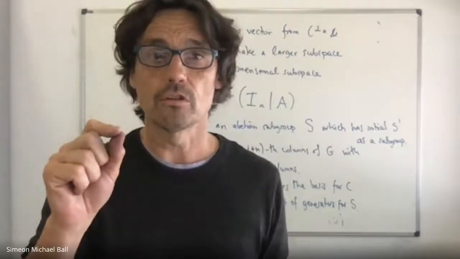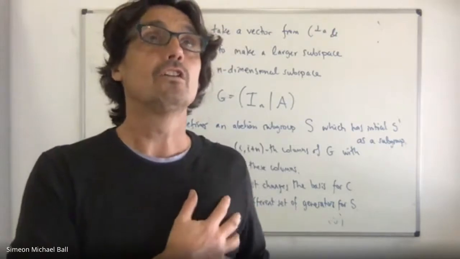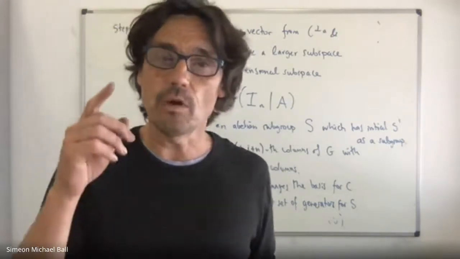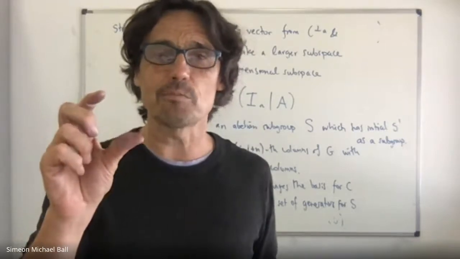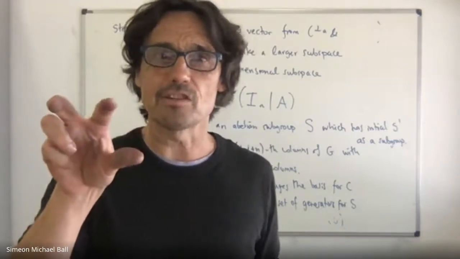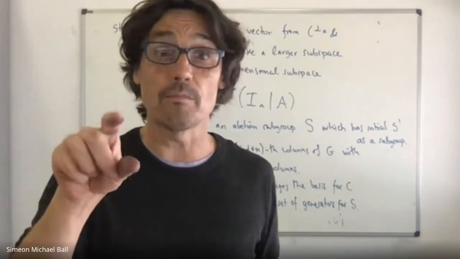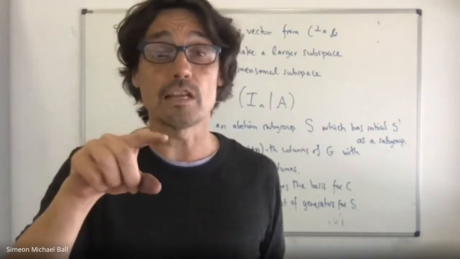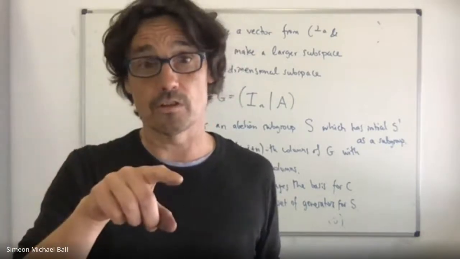Can you? Well, I think so. Well, you can certainly see what the weights of the operators of S are, because the operators of S correspond to subsets of the vertices, and then the weight of that is going to be the size of the neighborhood of those vertices modulo 2.